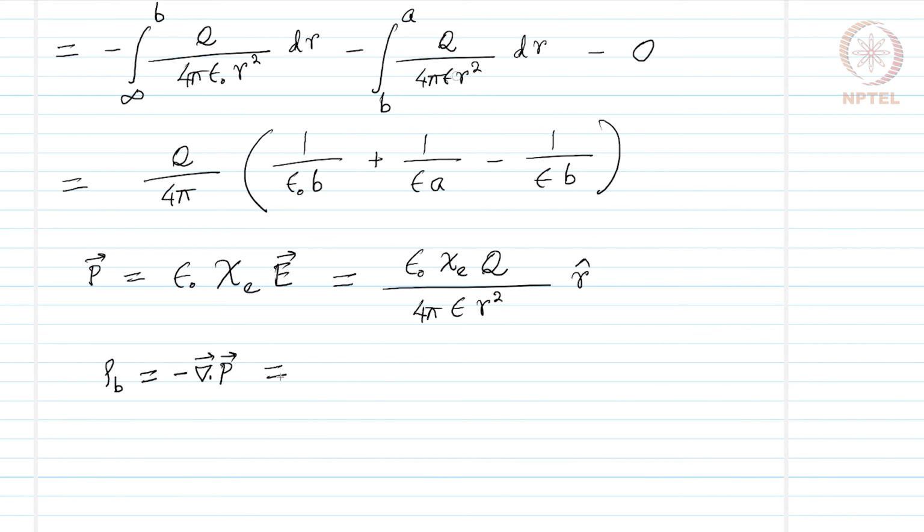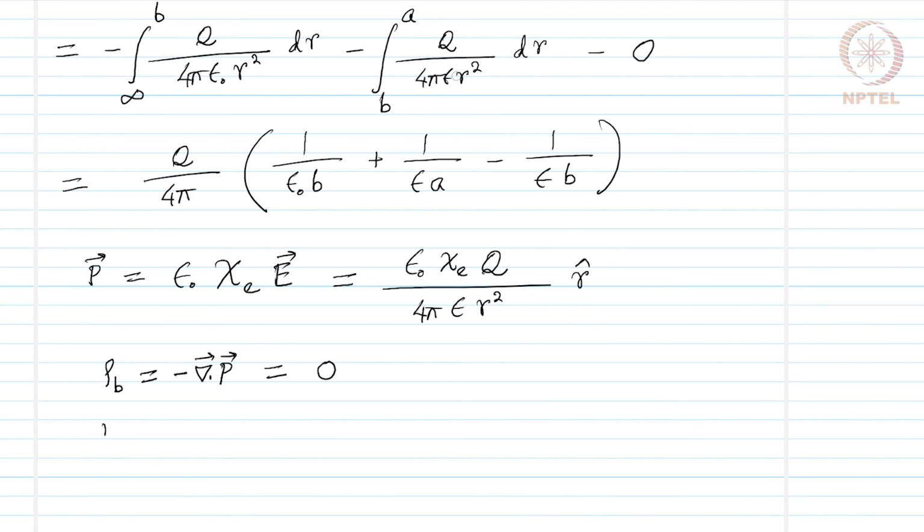In the center of the sphere, that is a metal, we cannot reach there. So, there is anyway no polarization. So, the bound charge in the polarized part of the material goes to 0.